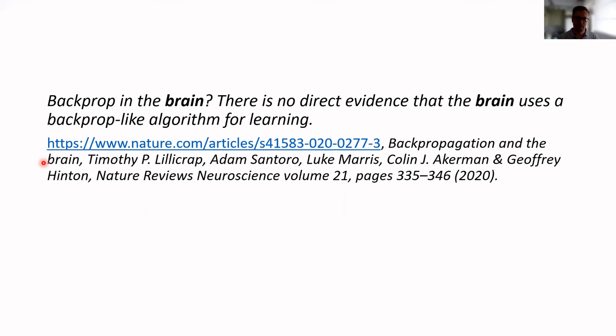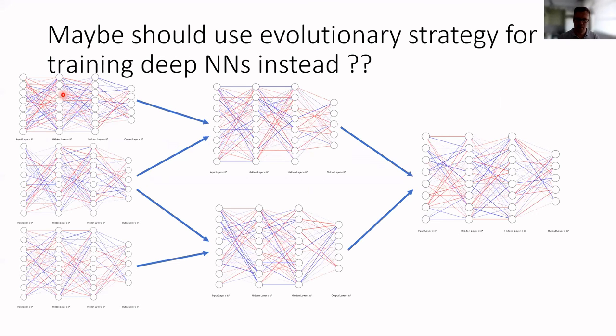Is there another possibility which goes beyond backpropagation? Also, I recommend you read this paper. Of course, there's no evidence that backpropagation is used by the human brain for learning. Obviously, it's not what you expect. So maybe we should use something else.